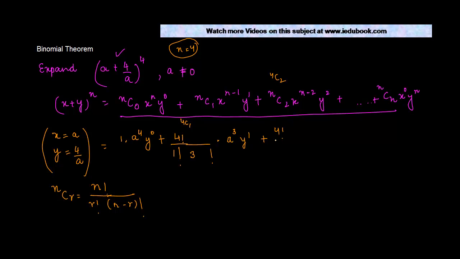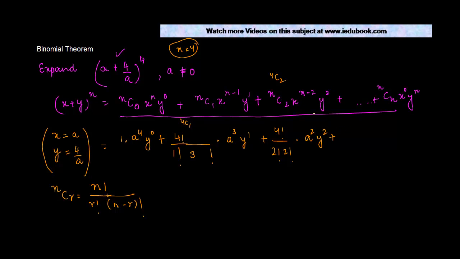This will be factorial 4 upon factorial 2 into factorial 4 minus 2, into a to the power 4 minus 2, which is 2, y to the power 2, plus.